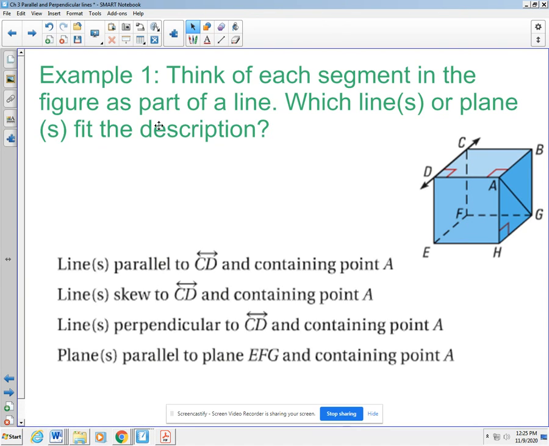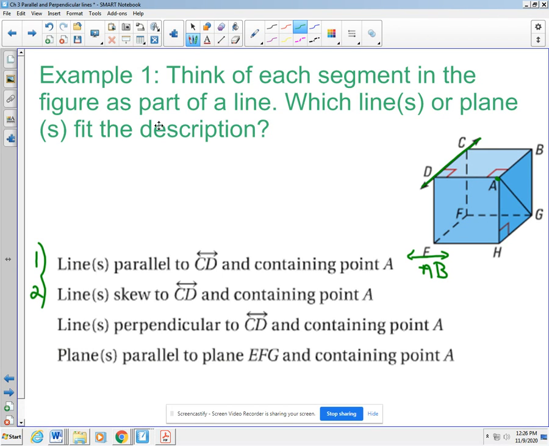First example: line or lines parallel to CD, and containing point A. CD is here, so which line is parallel to CD and contains point A? The answer is line AB. Again, if you write line AB, you have to put a line symbol above it. Notation is very important.